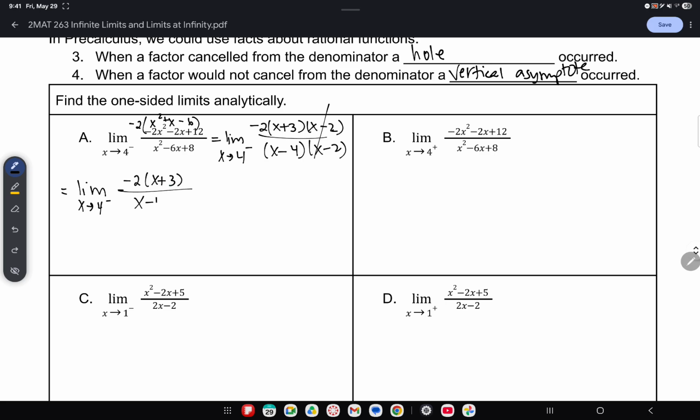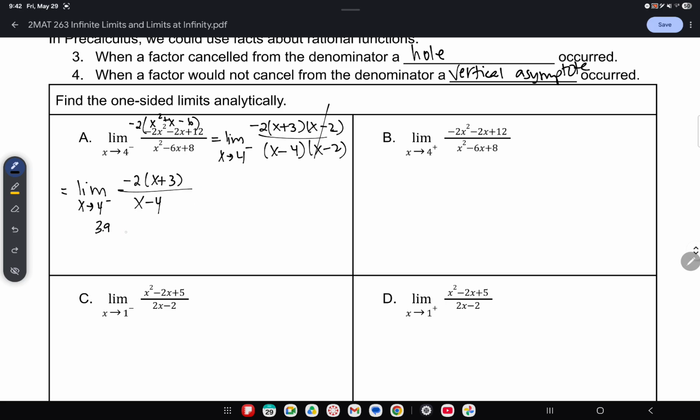But I'm left with a factor of x minus 4 in the denominator. So there's a vertical asymptote at x equals 4. So when we talk about having to find that limit as it approaches from the left, we can substitute in a value. Like, what if I want to substitute in something close? So how about, and we're from the left side, so how about 3.9?